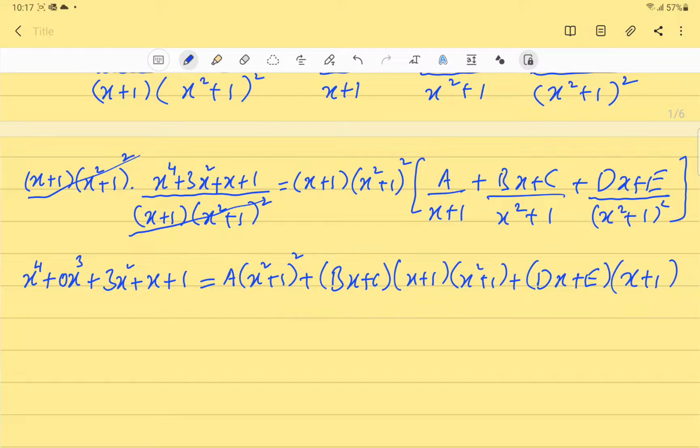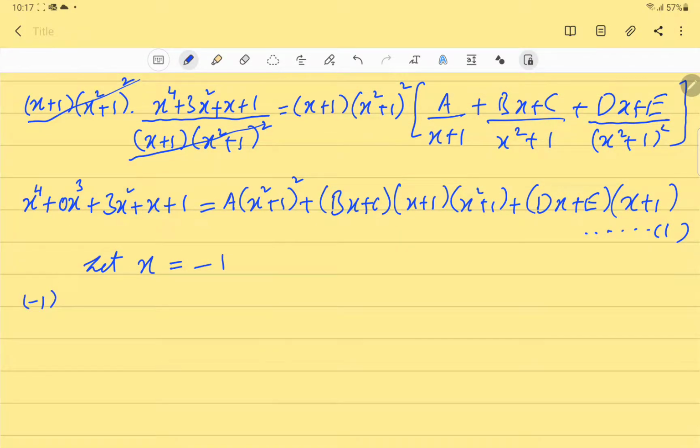Now this is actually equation number 1. Here we can find out at least one value by assuming a value of x equal to -1. So let's do that. Let x is equal to -1.